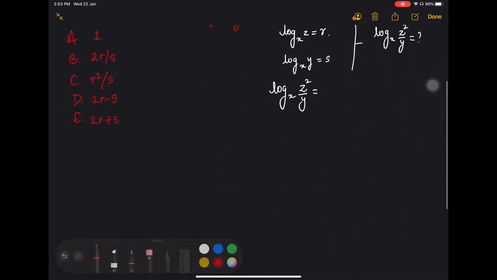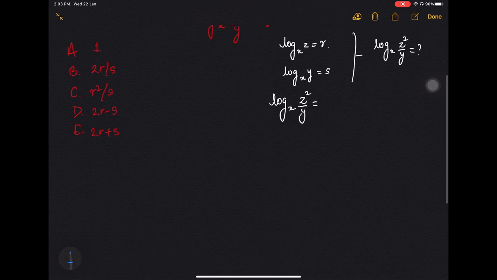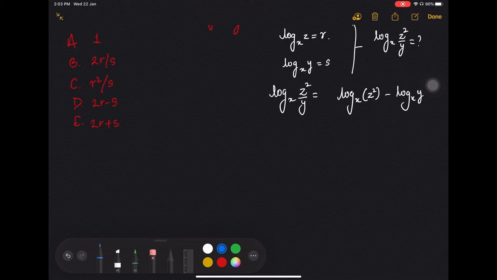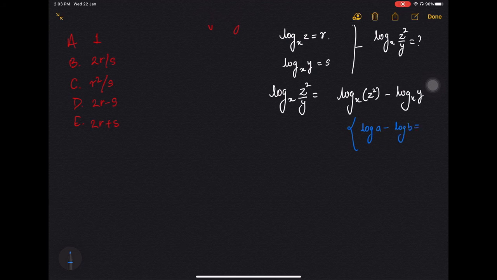Till now, the main rule that I can see getting implemented is I can write this as log base x of z squared minus log base x of y, because the rule says that log a minus log b can be written as log a over b. So it's the inverse of that I have done here.